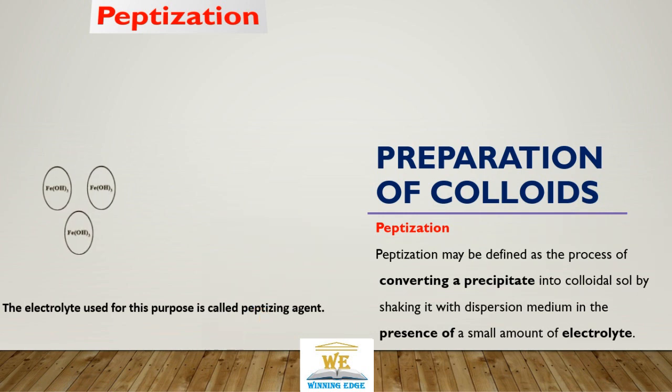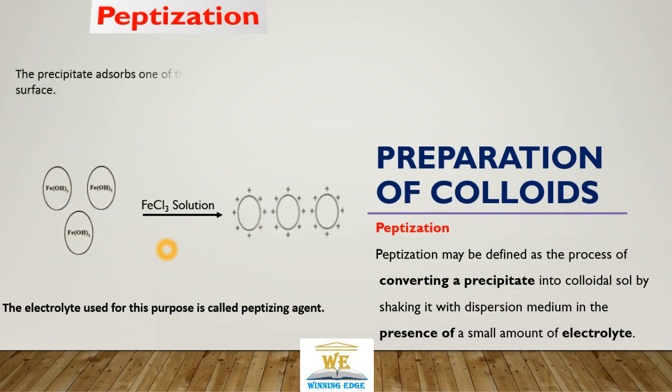Let's take an example. We have a ferric hydroxide precipitate, these particles. We add ferric chloride solution to it, which acts as a peptizing agent. What happens? The ferric hydroxide precipitate selectively adsorbs ferric ions, so these get positively charged surfaces.